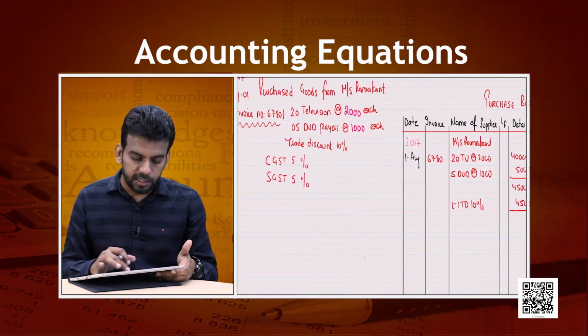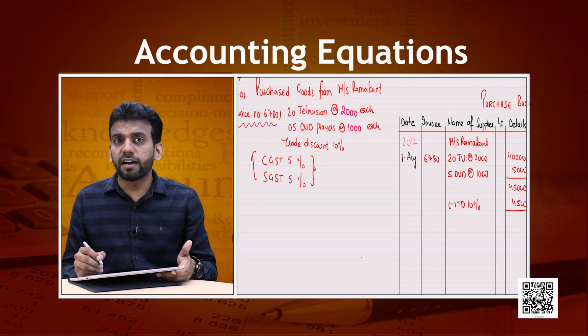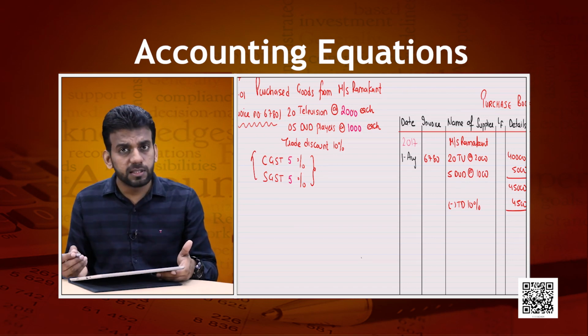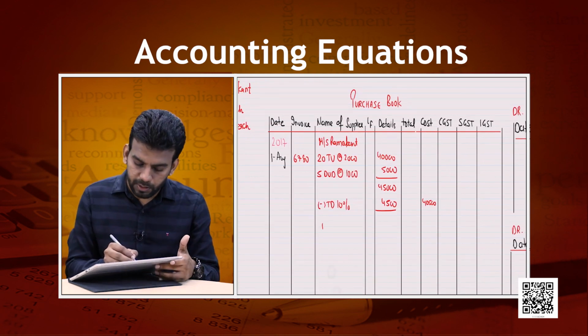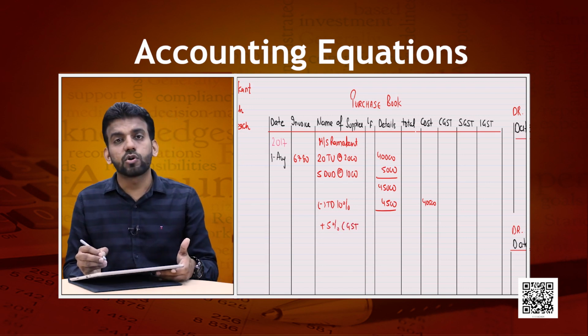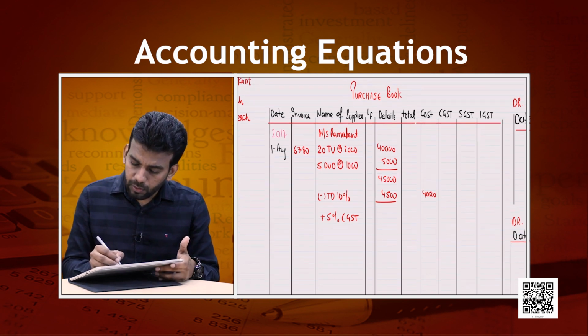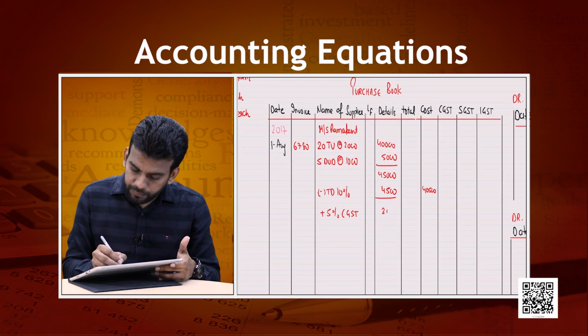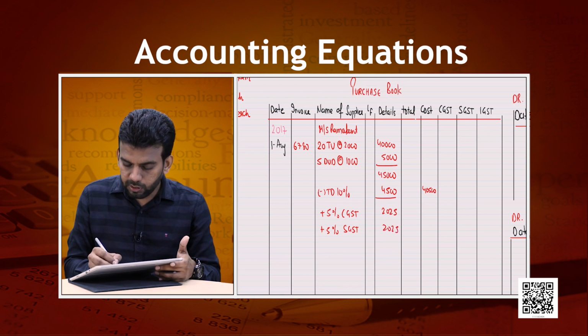So the amount which is without tax is to be placed in the column of cost. Clear? Now the tax is levied with 5% CGST and 5% SGST. Now, these are the simple calculations and would be placed in the respective columns. Plus 5% CGST. When you talk about 5% of 40,500, which makes it 2025, plus 5% SGST, 2025, right?